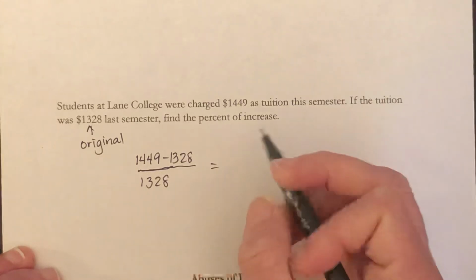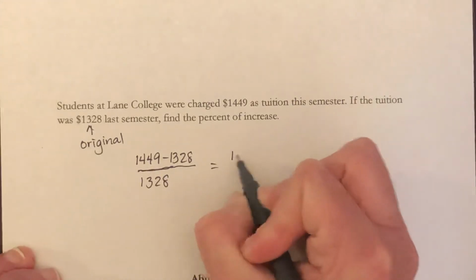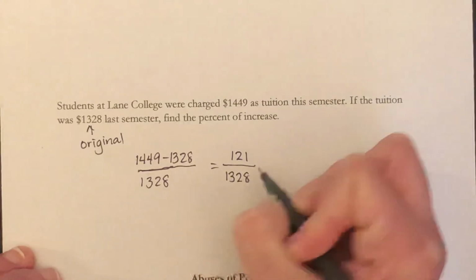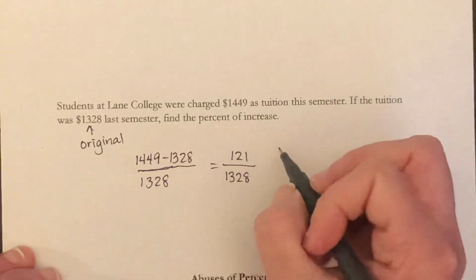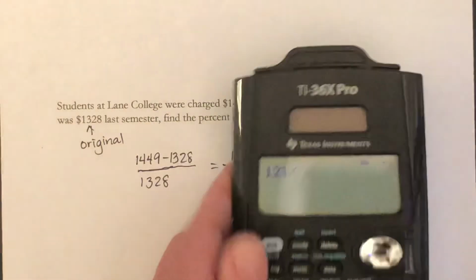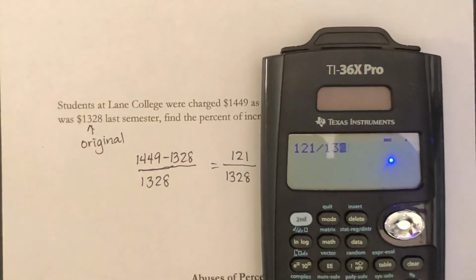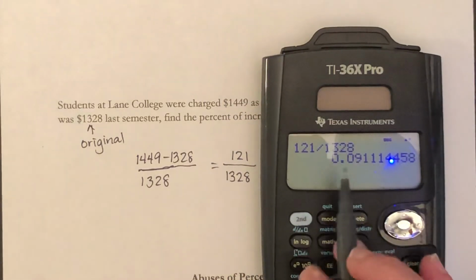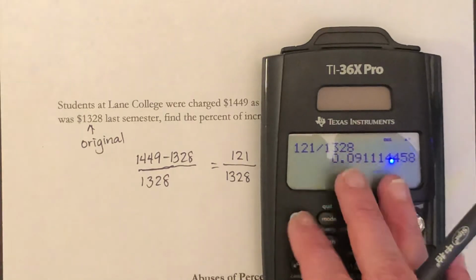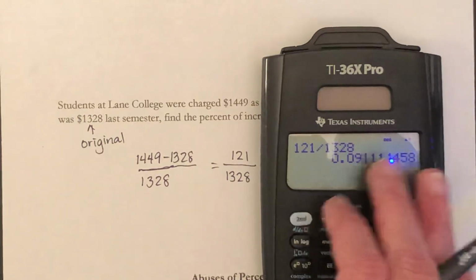If you subtract across the top, you get 121 over 1328. If you do this division, you get 121 divided by 1328. We get an uglier decimal, but we're going to round it to the nearest tenth of a percent.